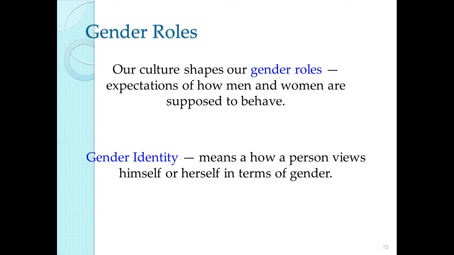So a perfect example is stay-at-home dads. That runs completely counter to the gender roles of 20 years ago. So what we find is that stay-at-home dads have more conflicts, typically, with their spouses related to being a man or being seen as manly.